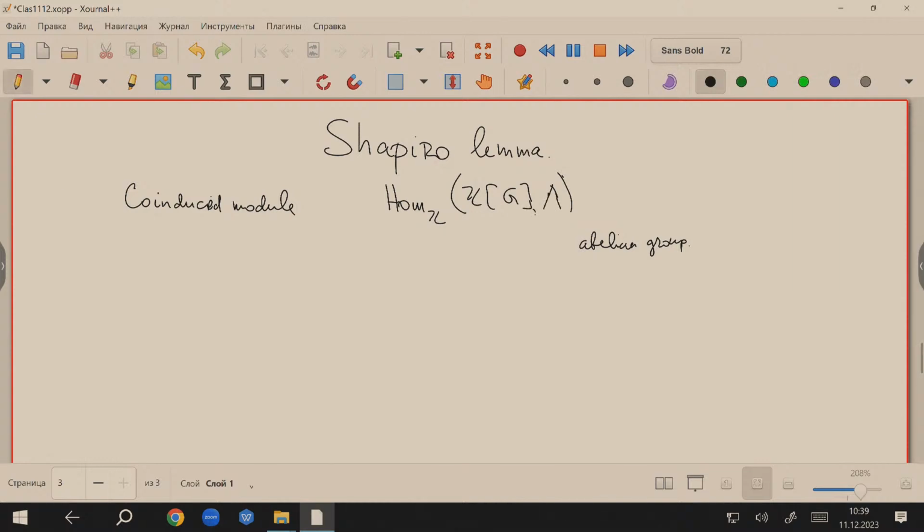You can think of the module etymologically. You can think of an Abelian group A, and you can embed A into this Hom_Z(ZG, A). Here we forget the structure.